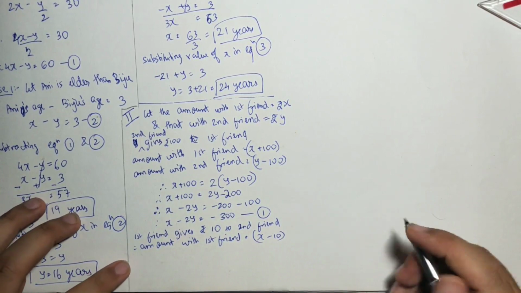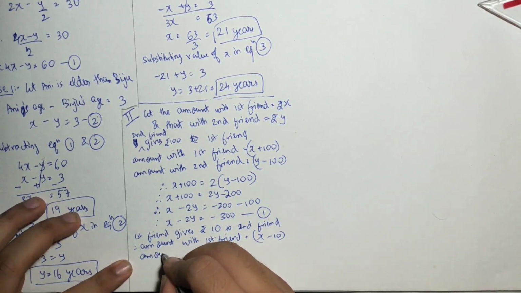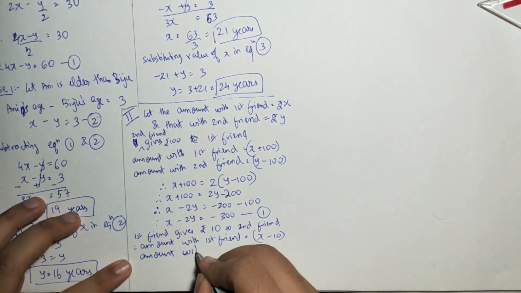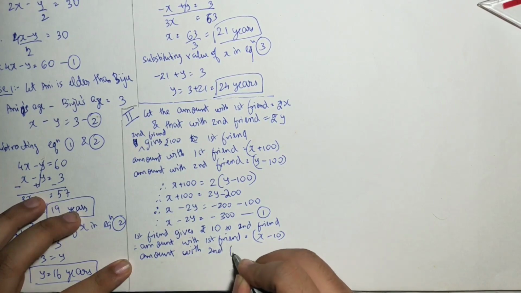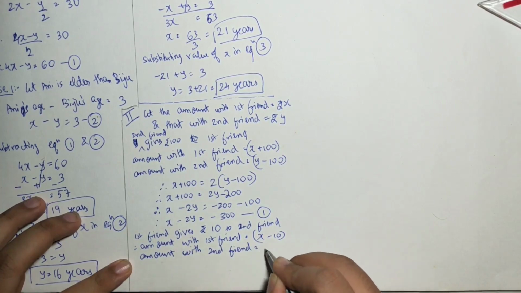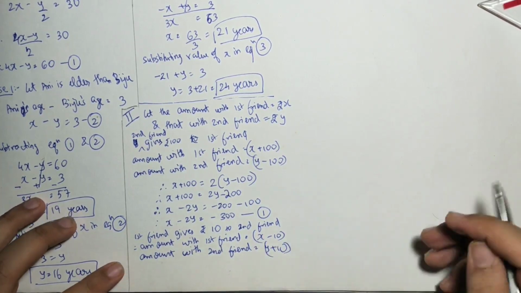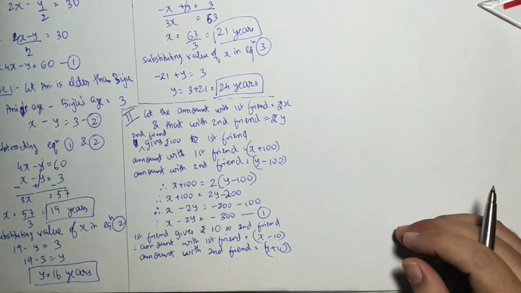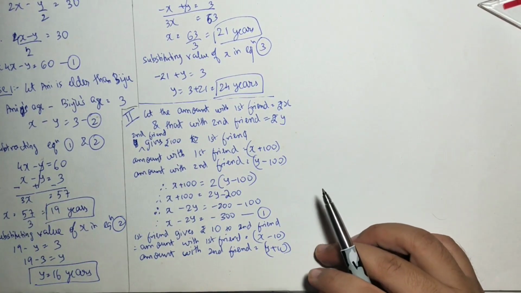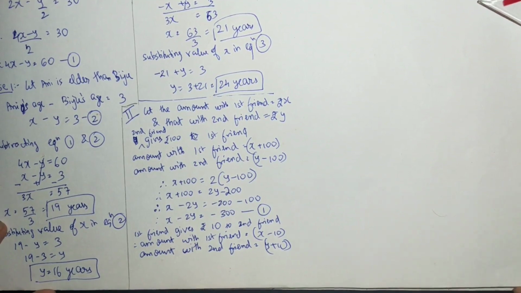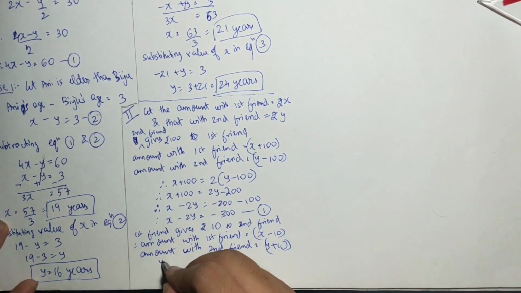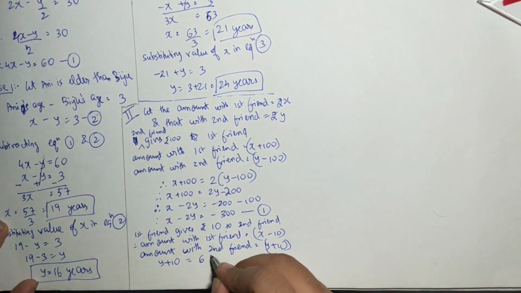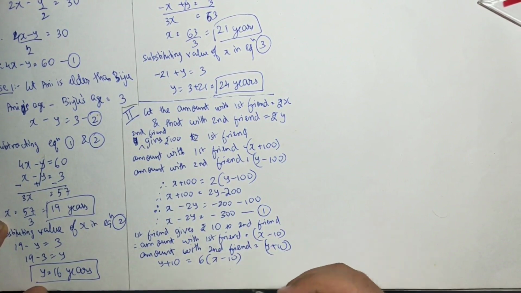The amount with the second friend will be y plus 10 because he has taken 10 rupees from the friend. Now the second friend says he becomes 6 times as rich as the first friend. So we can write y plus 10 equals 6 times x minus 10.